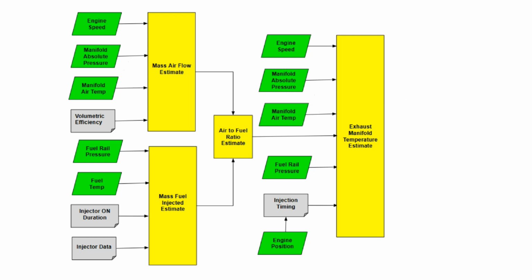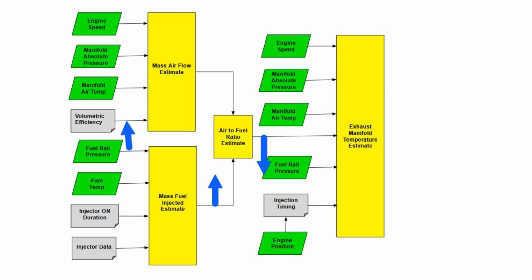Looking at rail pressure, as rail pressure increases, assuming nothing else changes, the direct rail pressure input to the exhaust temperature model causes the exhaust temperature to also increase, indicating that exhaust temperature is directly proportional to rail pressure. Additionally, as rail pressure increases, the mass of fuel injected increases, which in this case causes the air-fuel ratio to decrease.